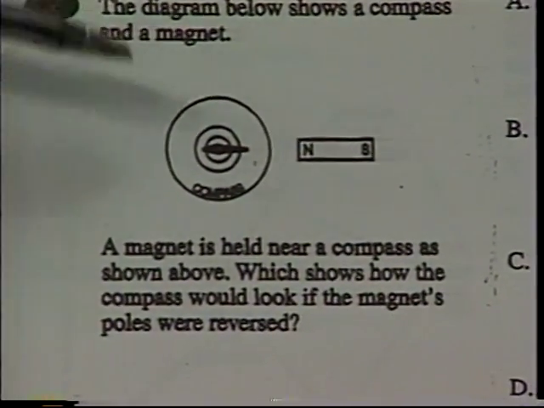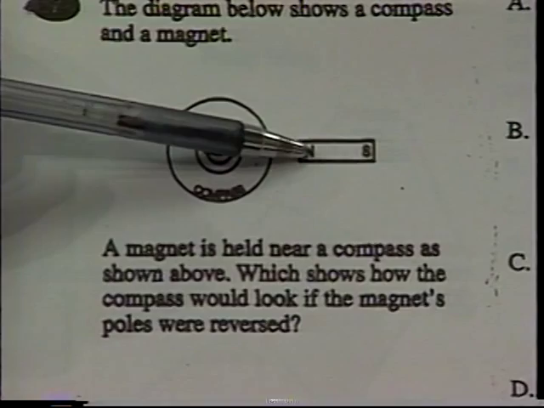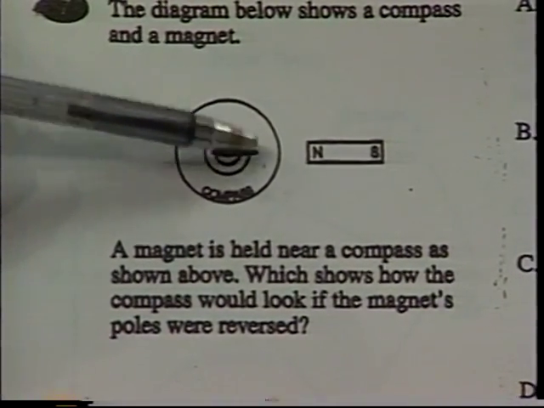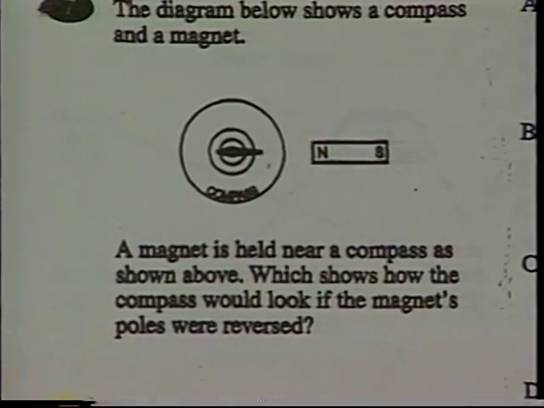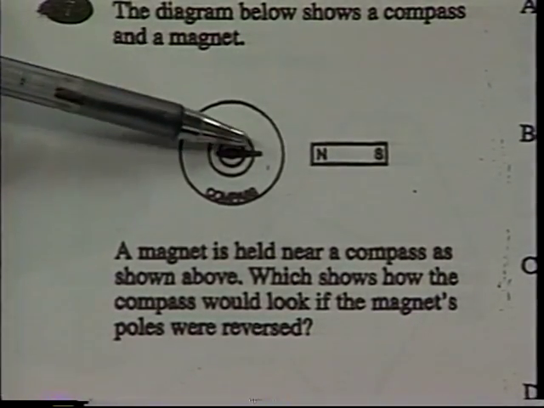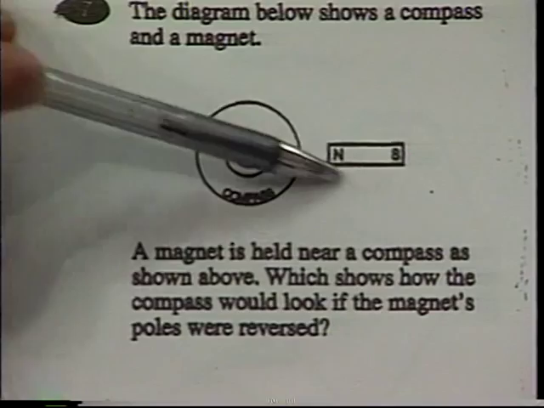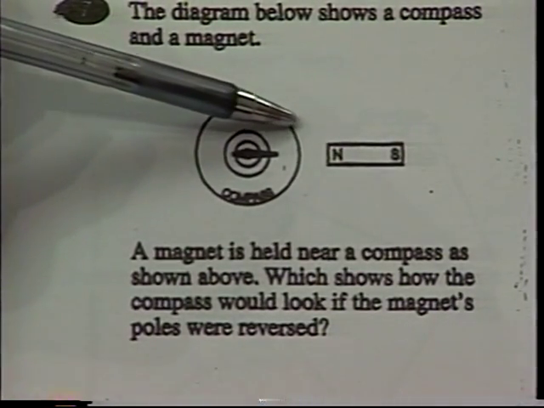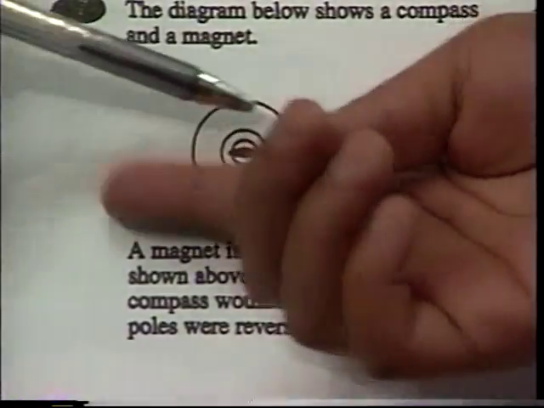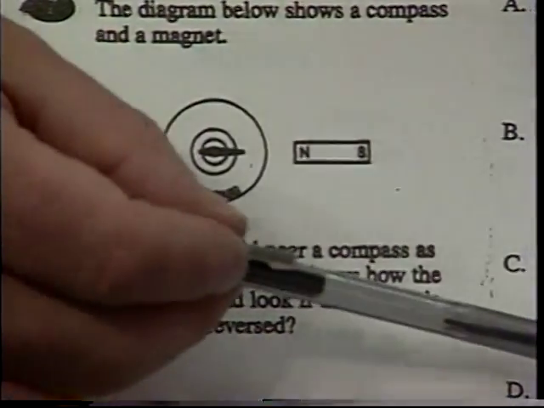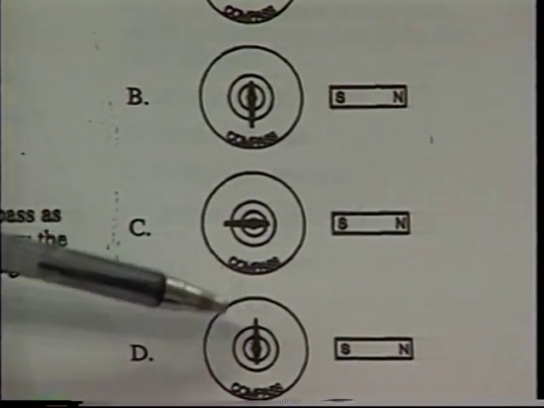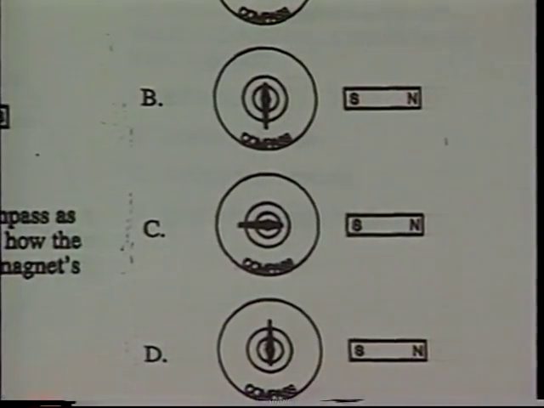So in this picture, we have a north pole here on our magnet, and that means this is really a south pole on our compass, because they're attracting. If this is a south pole, and I turn this one around so that the south pole is here, what are they going to do? Repel. They're going to repel, and it's going to point off in this direction. Unless your compass is broke, it won't do this. So C is the correct answer.